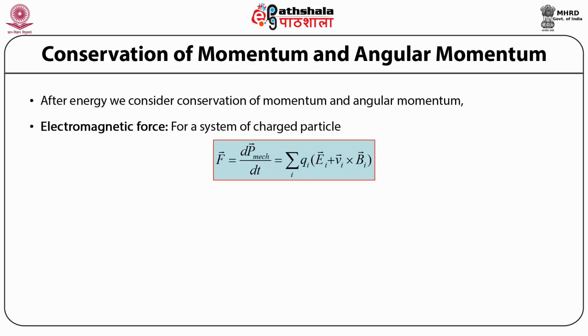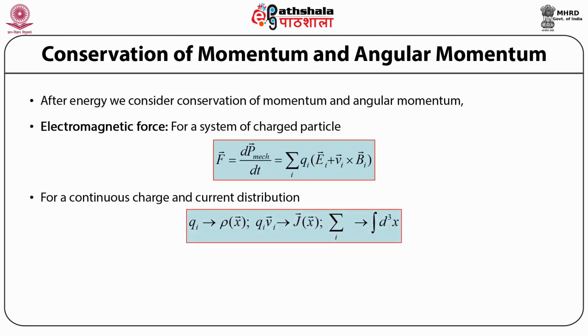B subscript i. This same equation for the electromagnetic force, that is, this Lorentz force equation, for a continuous charge and current distribution can be written by replacing the charge Qi with the continuous charge density rho as a function of position vector x, and the current density can be written in terms of the charge Qi times the velocity vector v subscript i, and the summation over i that was used in the above equation gets replaced by the integration over the volume element d cube x.